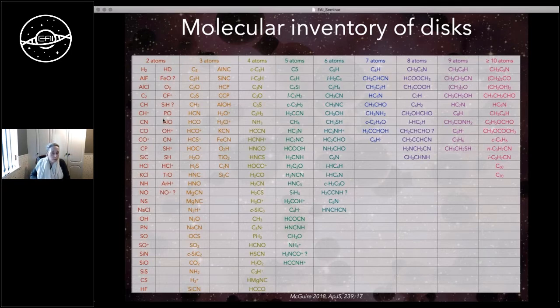And we go from small diatomic molecules, very common molecules like H2 and CO, all the way up to large complex organics that are typically found in the warm, dense regions around forming stars, in particular around massive stars.